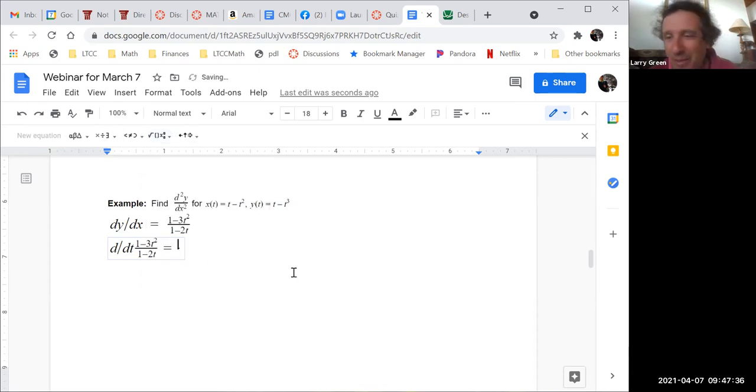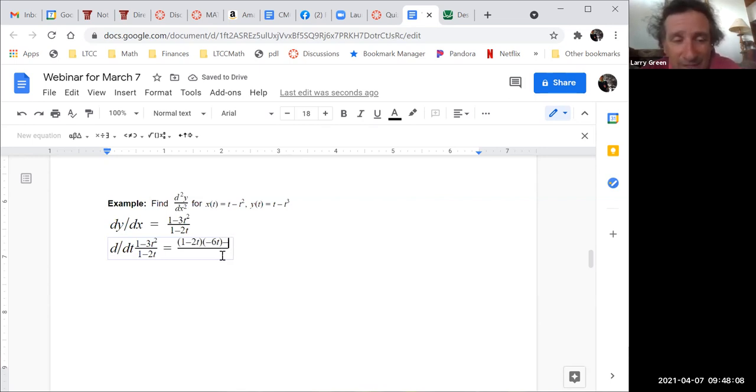Okay, now hopefully you remember the quotient rule. That's important, by the way. And that is you take low d high minus high d low, square the bottom, and off you go. So low is 1 minus 2t. And then d high is negative 6t. Stop me if there's anything you're not following. And then minus high.